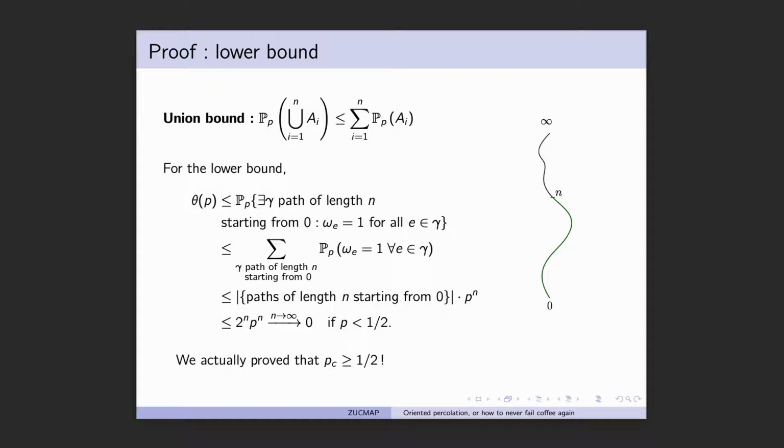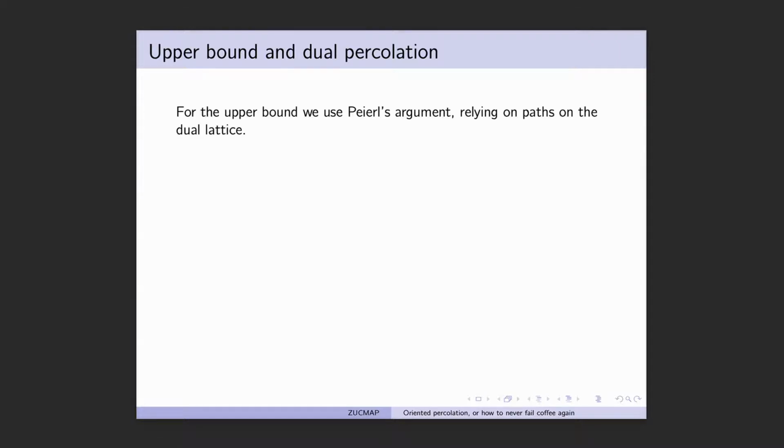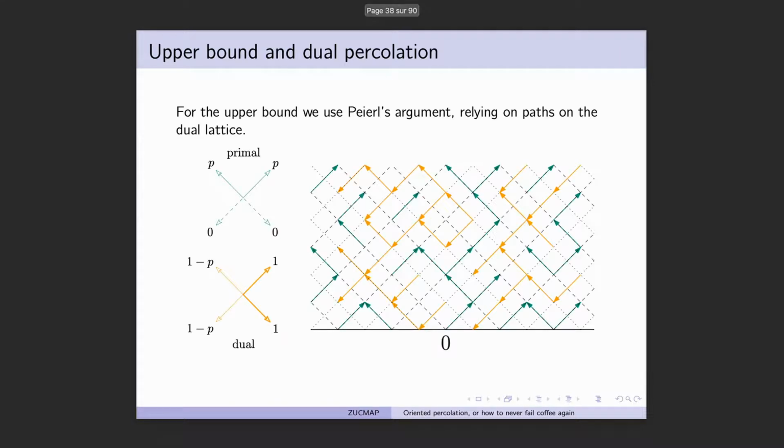And the other bound is a bit more tricky. It's using something that we see very often in these kinds of random models, which is called the Peierls argument. It uses what we call the dual graph, the dual lattice of the one we are considering.